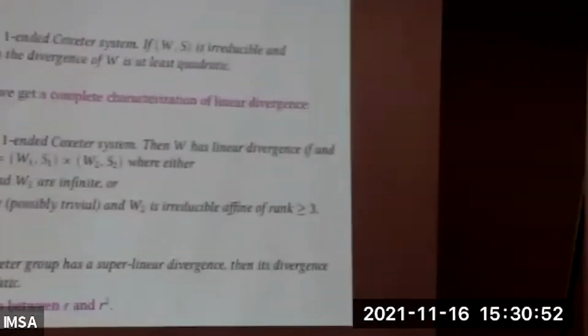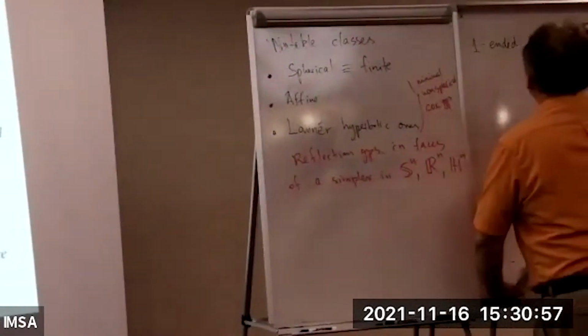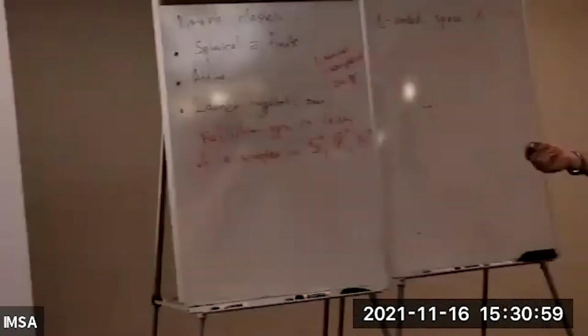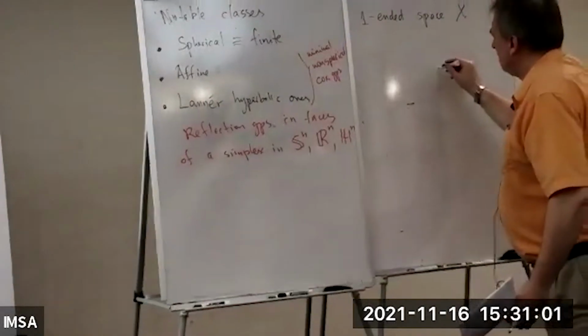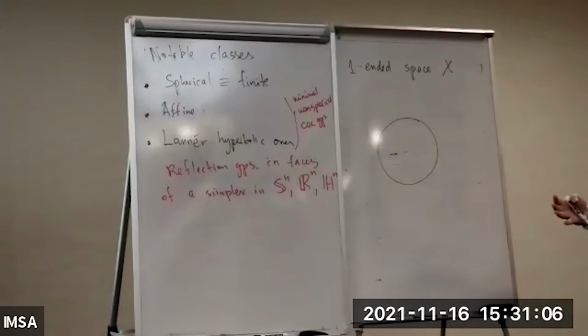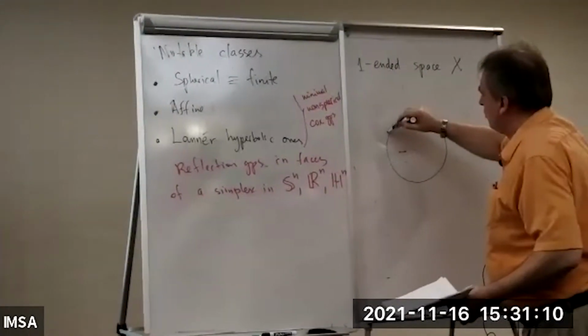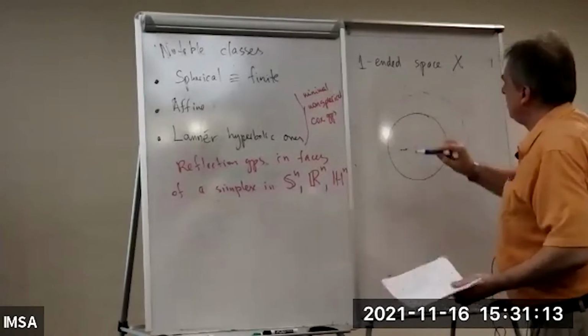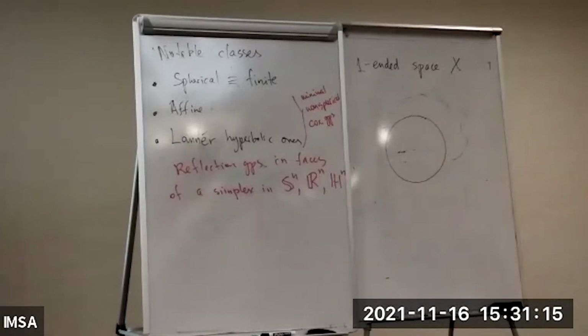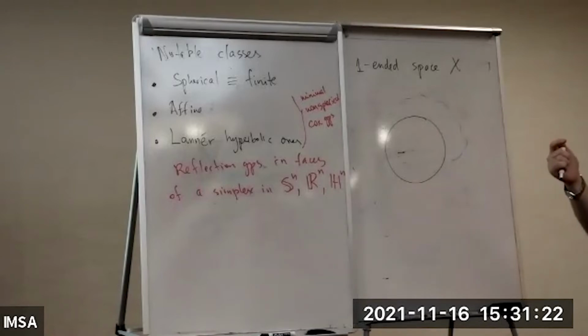One-ended means that after we delete any compact set, the rest is connected. So we can reach any points outside a sufficiently large, but arbitrarily large, compact set.